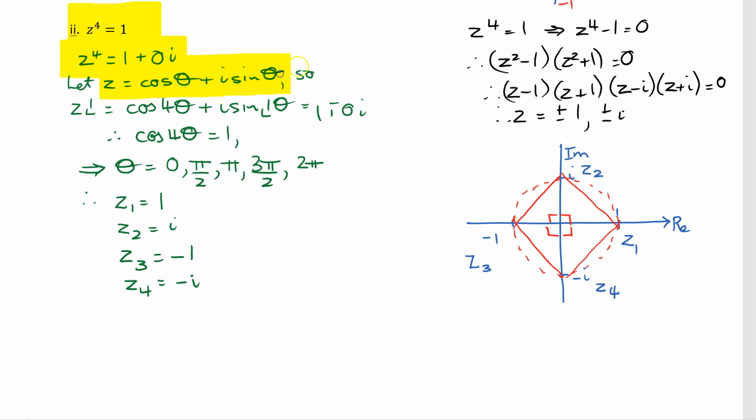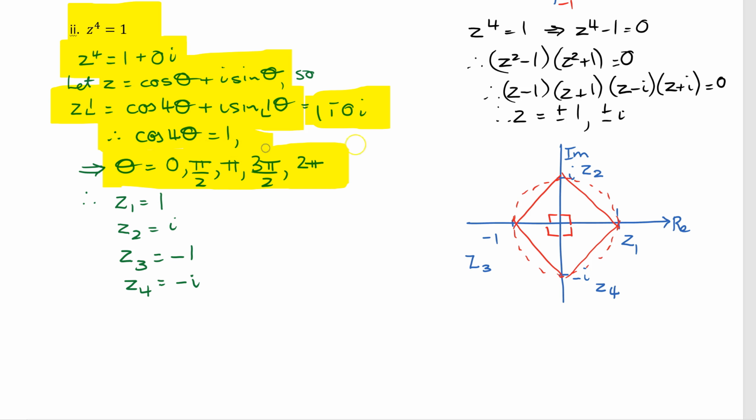If we let this be the fourth root, then z raised to the 4th power must be that, which equals 1 plus 0i. So equating reals, cos 4 theta equals 1, which means that theta equals 0, pi on 2, pi, 3 pi on 2, 2 pi.